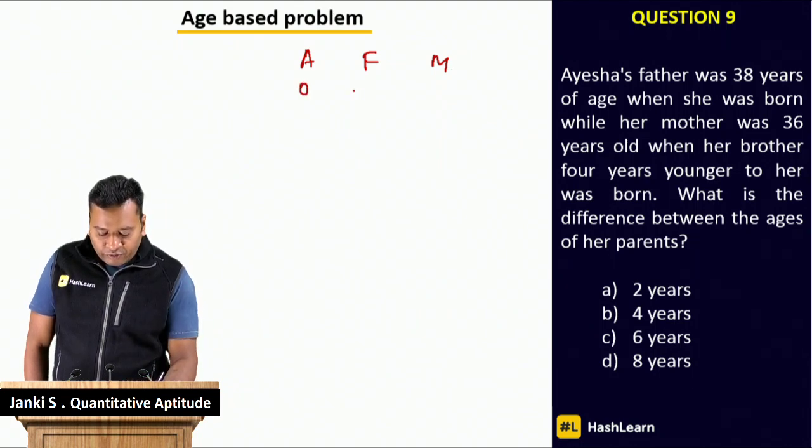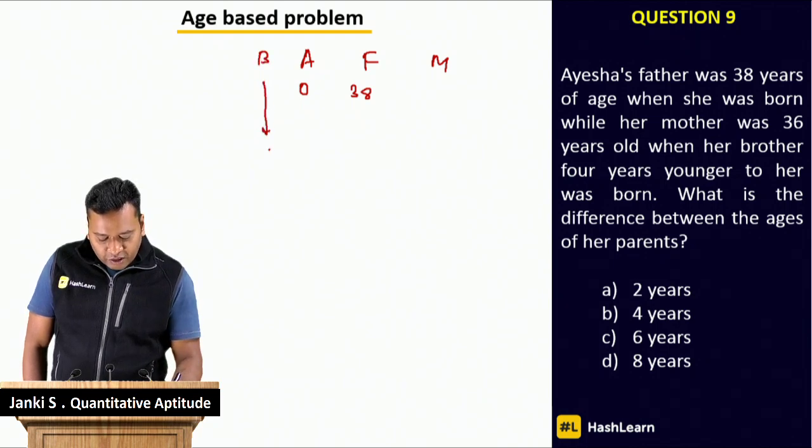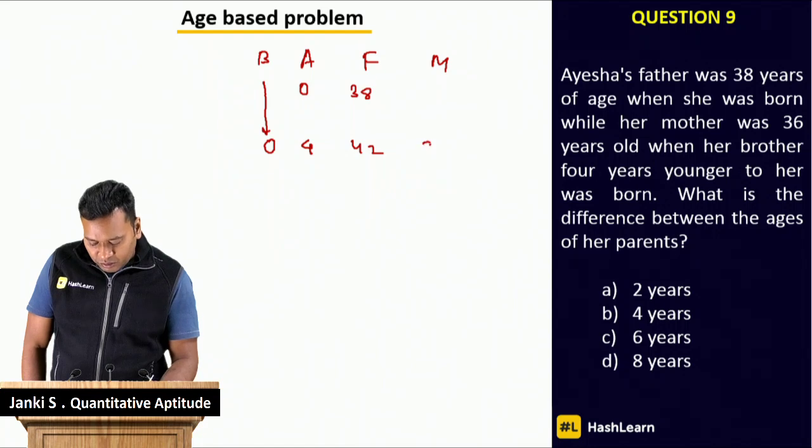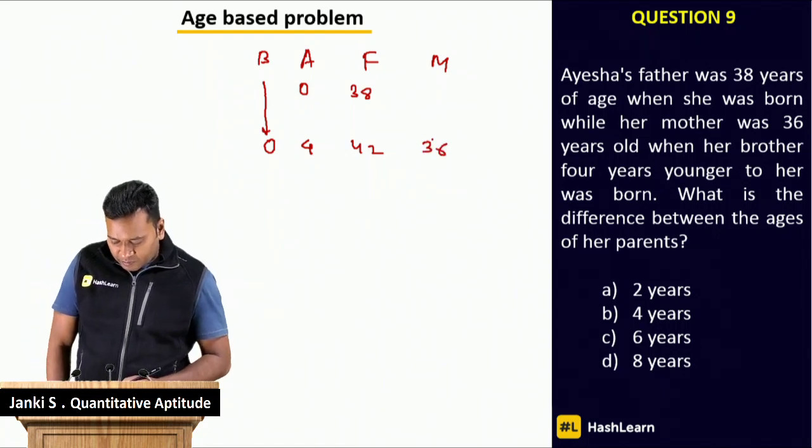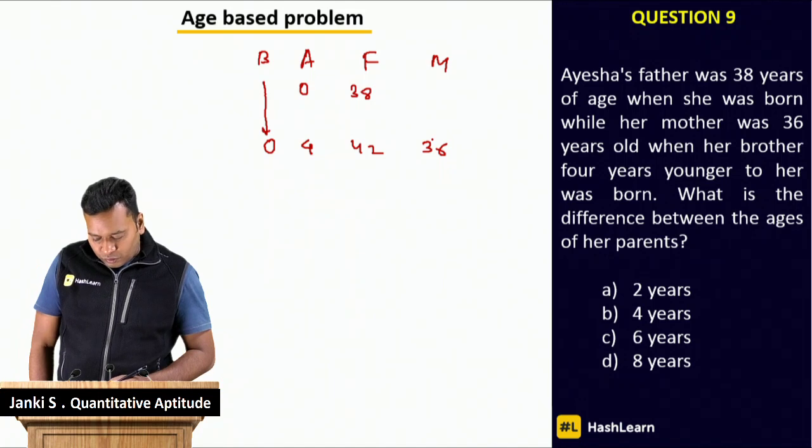So when Aisha was 0, father's age was 38, while her mother was 36 years old when her brother 4 years younger to her was born, right? So now I'll use one more term as brother in this case, right? So when brother was 0, Aisha was 4, that represents father was supposed to be how much? 38 plus 4, 42, and mother now is nothing but 36, right?